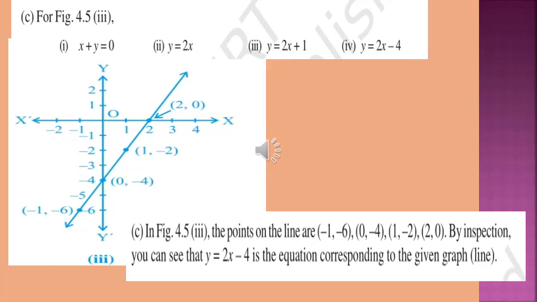So it is 2 into 2, that is 4, plus 1, so y equals 5. But here at (2, 0) y is equal to 0, so this is not the equation. So the only equation left is y equals 2x minus 4. Substitute the values of the given points and check. Yes, we can see that y equals 2x minus 4 is the equation corresponding to the given graph.